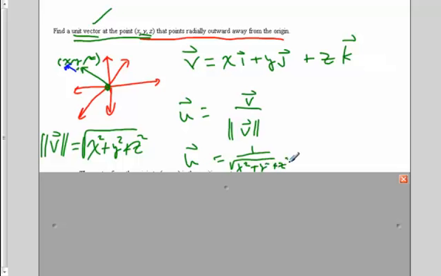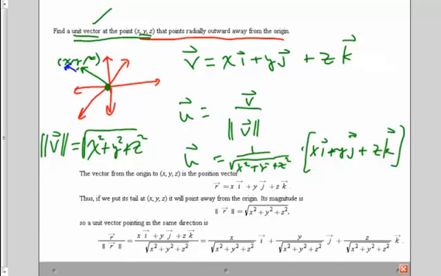And that's my lambda, that's my scalar multiplier, and I'm going to multiply that by v, so xi plus yj plus zk. And so this unit vector now is pointing in the same direction, radially outwards, and that's the important thing. So from the origin to the point is going radially outward from the origin. So that gives us the direction that's radially outward from the origin. And then dividing it by the root of x squared plus y squared plus z squared ensures that it's a unit vector having length 1.